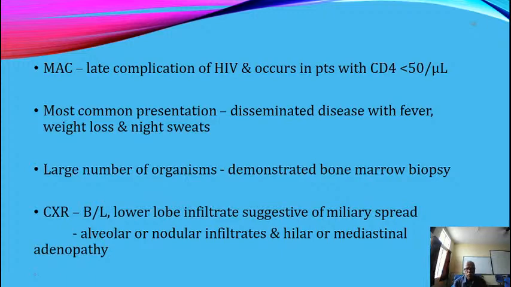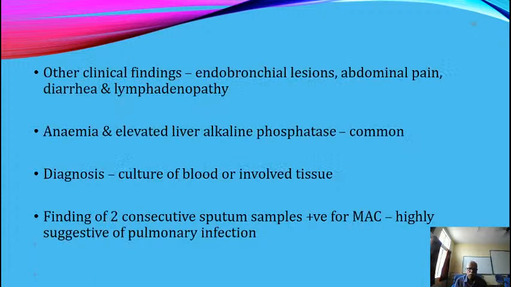This makes its appearance when the CD4 count is less than 50, and there is no specific management. The anti-tuberculous drugs don't work here. So we depend on other drugs like erythromycin or azithromycin.